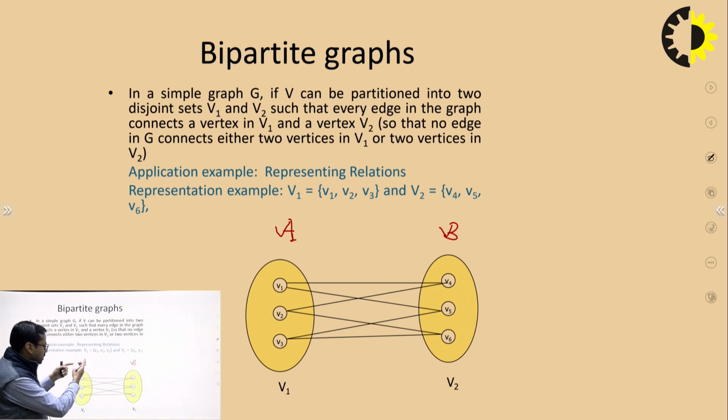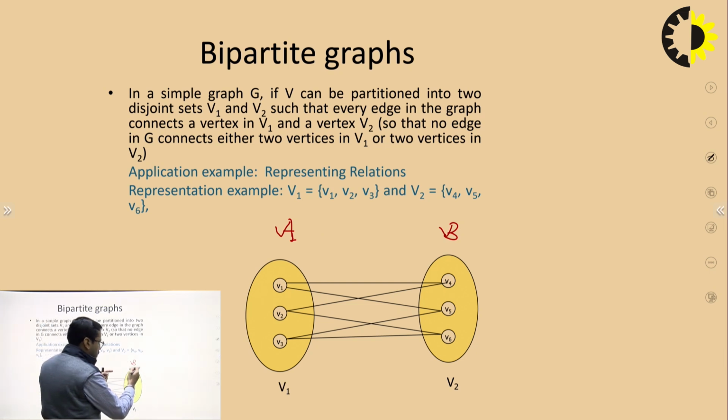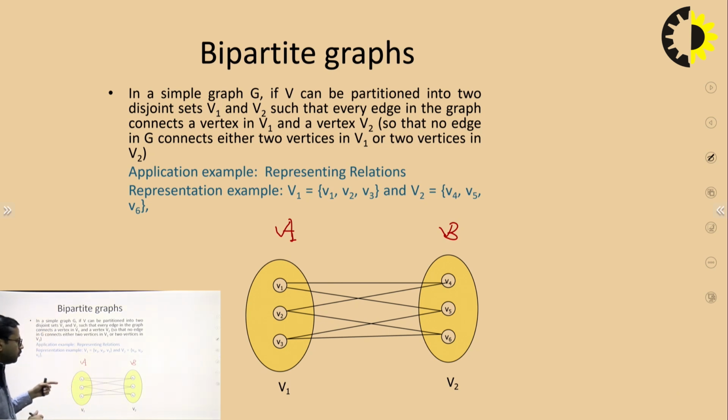Set A contains some vertices V1, V2, V3, and set B contains some vertices V4, V5, V6 and Vn. A and B combined are used for a structured graph that is called the bipartite graph.